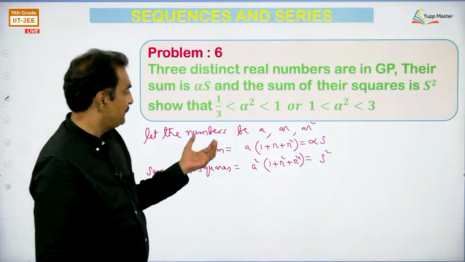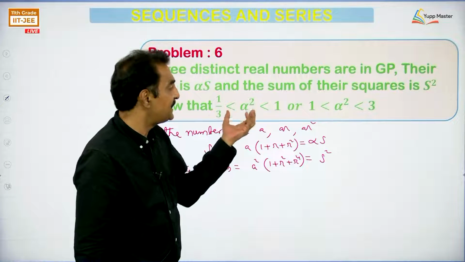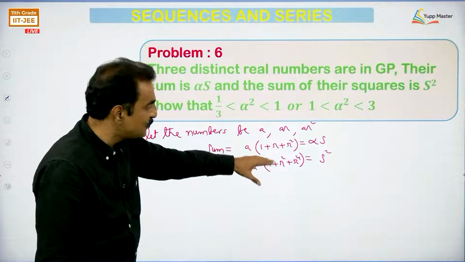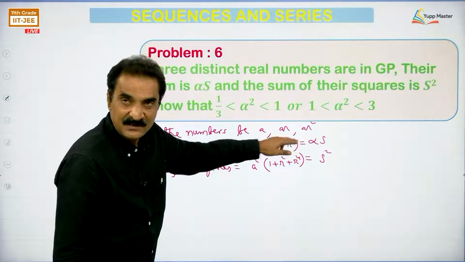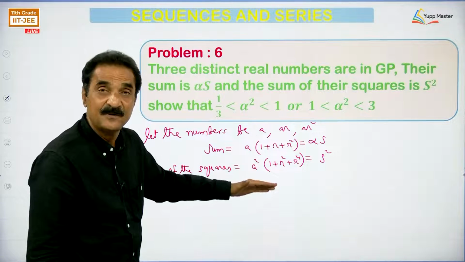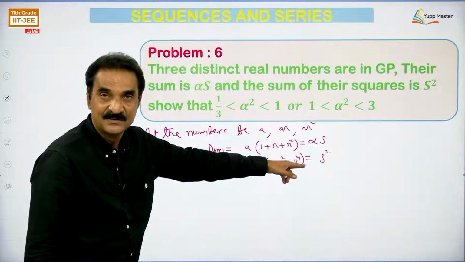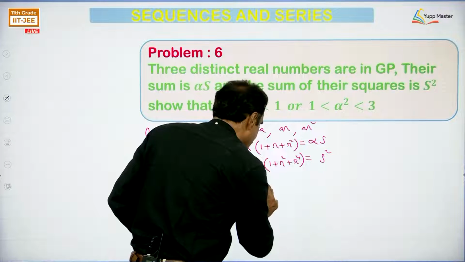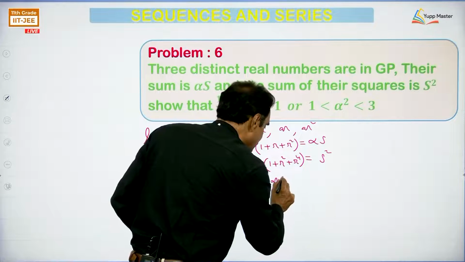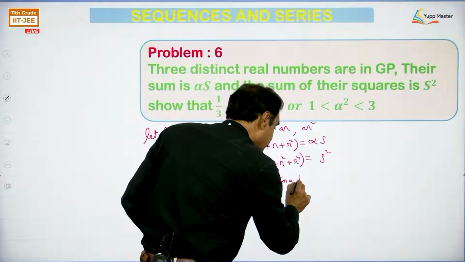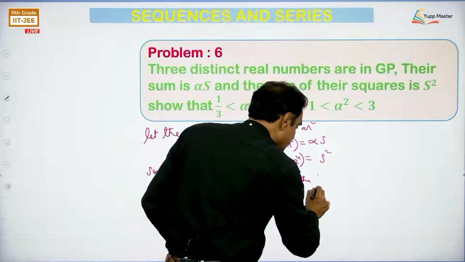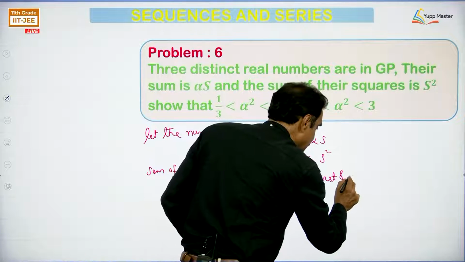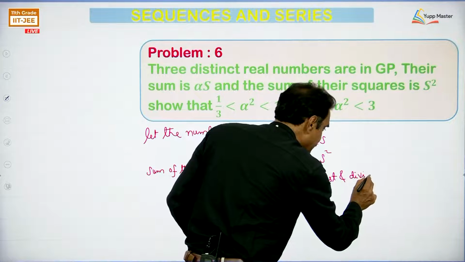Now we have to find the interval of alpha square. How do you get alpha square from these two? Squaring the first equation and dividing by the second equation, we are going to get alpha square in the RHS, is it not? So squaring the first only and dividing by second.